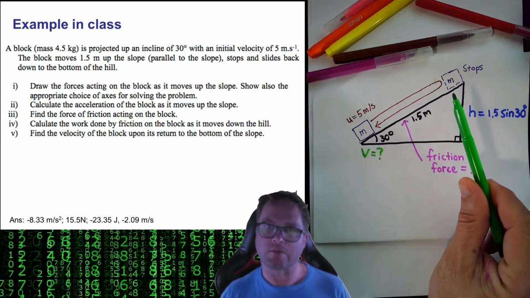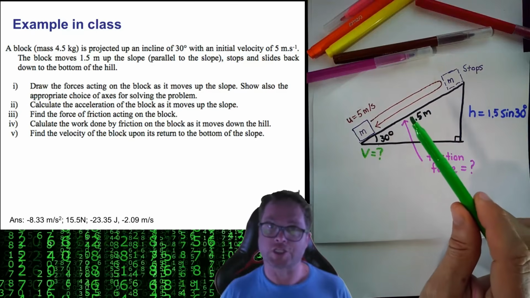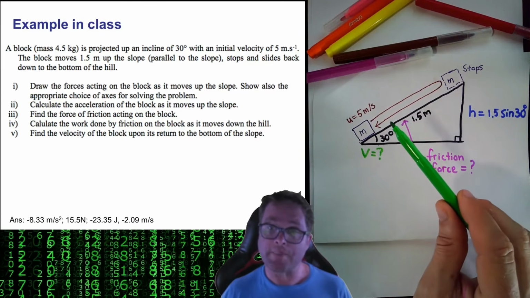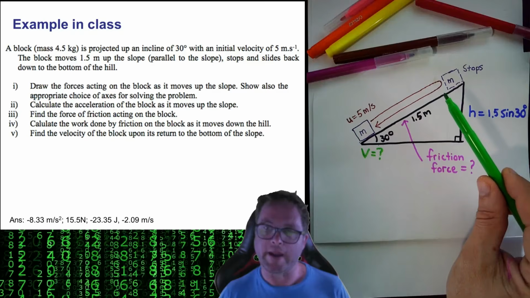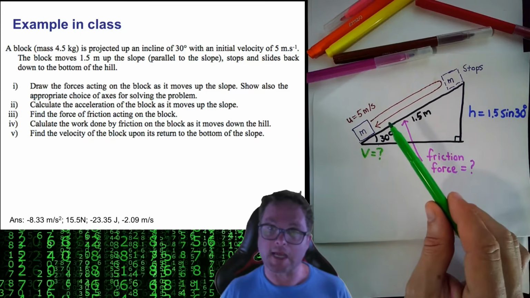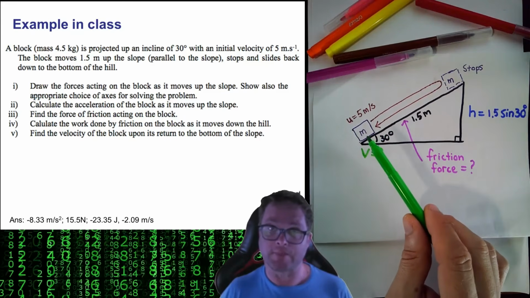And the reason why it will stop is because gravity's acting downwards, pulling it downwards. But we also have friction in the system. So what happens is on the way up, friction will be removing energy from the block. And then once it's stopped, it will slide back down the hill and reach the bottom again.